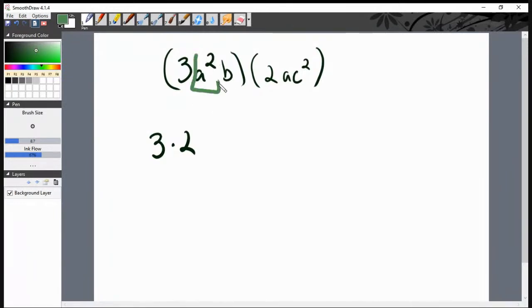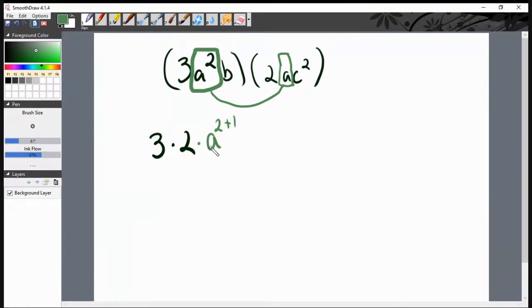This right here, that right there, and this right here. These are the same variable. So you have A to the second power and A to the first power. So I can rewrite this as A to the second power plus 1, right? Because I'm just taking these two. I'm doing what it says. You're adding the exponents of like bases.